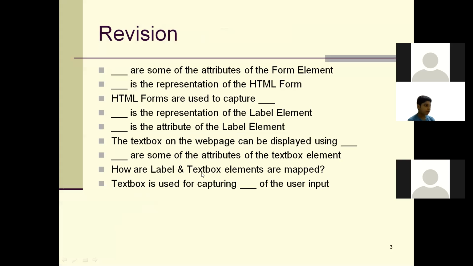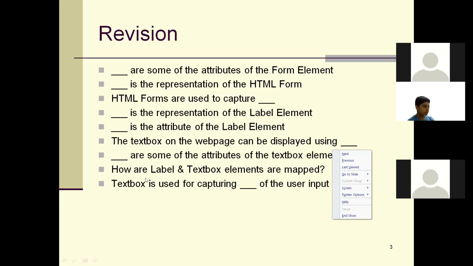ID, style, yes. Can target be used? Correct, target will not be used for text box. So the attributes that a text box will take are like ID, name, value, type. These are some of the attributes that you can make use of.